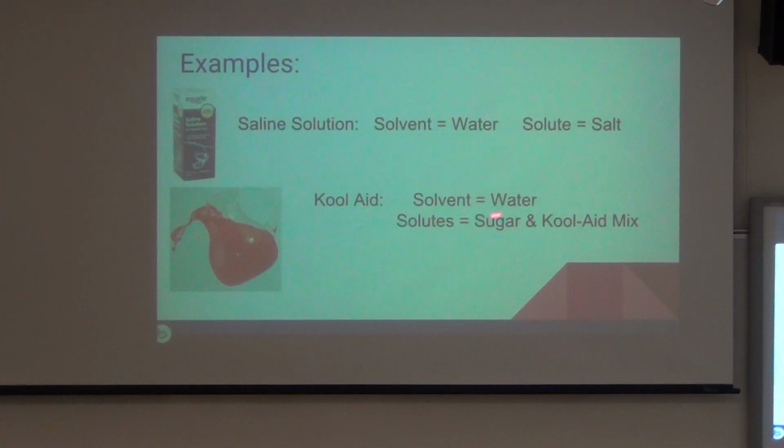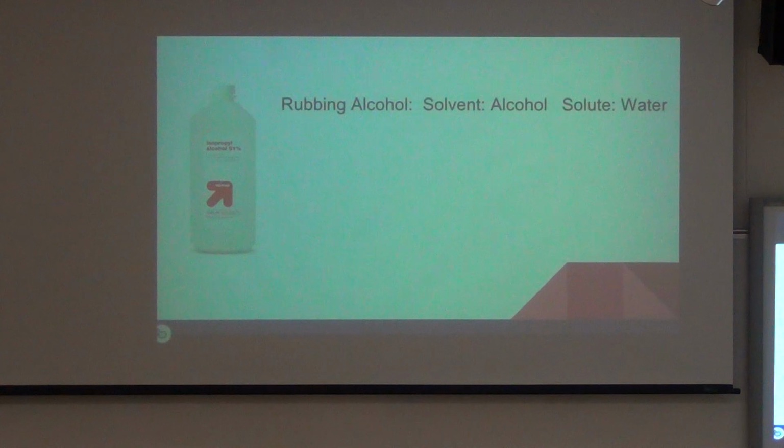Kool-Aid, of course, our solvent is again water. Water is the big thing. We put the sugar and the Kool-Aid mix in, stir it all up, and delicious Kool-Aid. Here's another example. We've got a mixture. This is a solution. It's isopropyl alcohol, also known as rubbing alcohol.